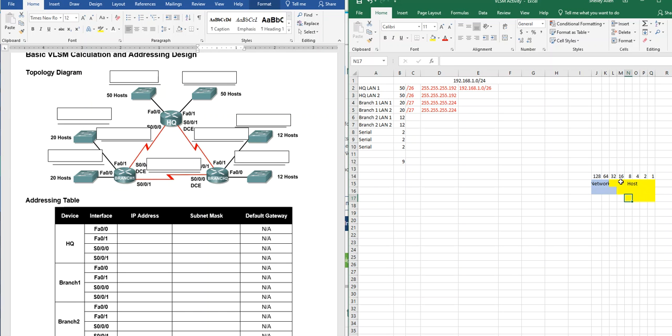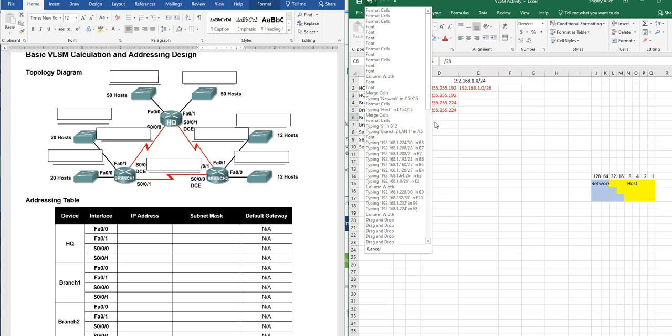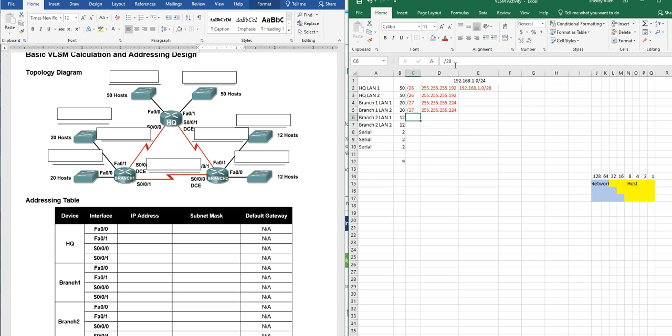And notice this placeholder right in front of it is the 16. Then if you have 4 there, then you have 4 for your network. 24 plus 4 for your network will give you the 28 for each of these.